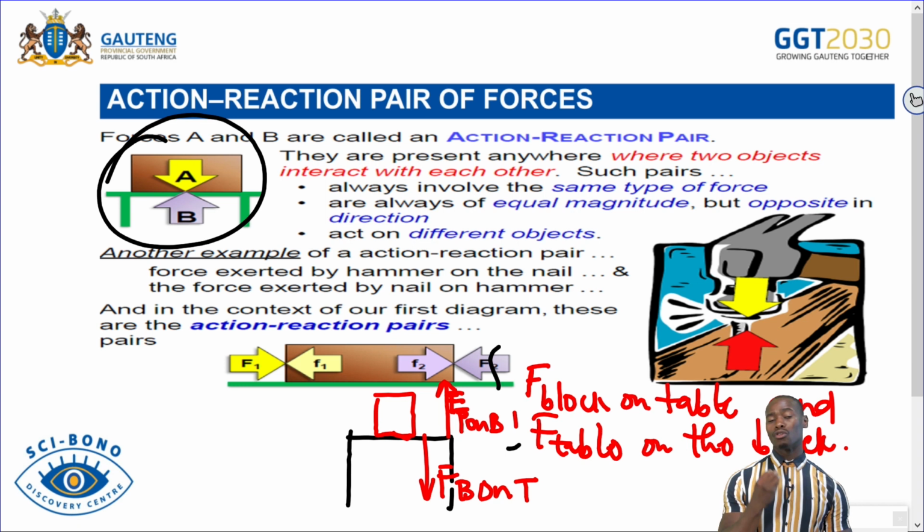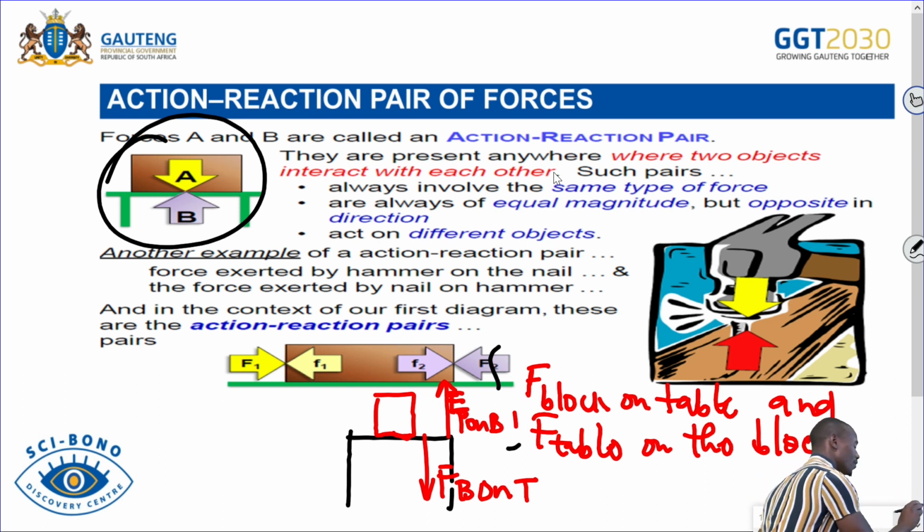Another thing that I think we have noticed: these two forces, although they are equal in magnitude and acting in opposite directions, are not exerted on the same object. They are exerted on different objects. For example, the force of the table on the block is on the block.